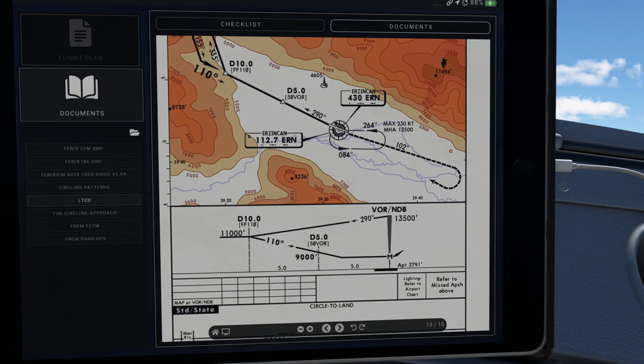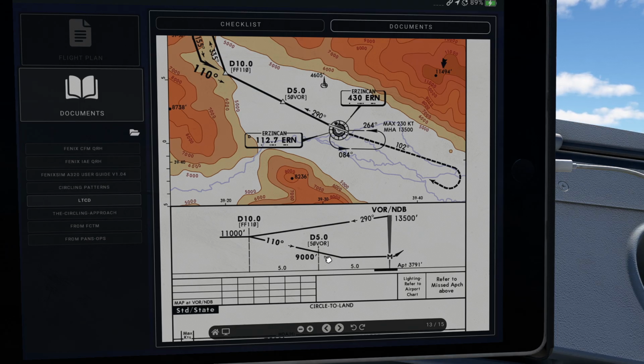Okay, according to rule of thumb calculation, it will be about 1,300 feet per nautical mile down to the runway threshold, which is impossible to do based on your aircraft, your airline standards, and your SOP.